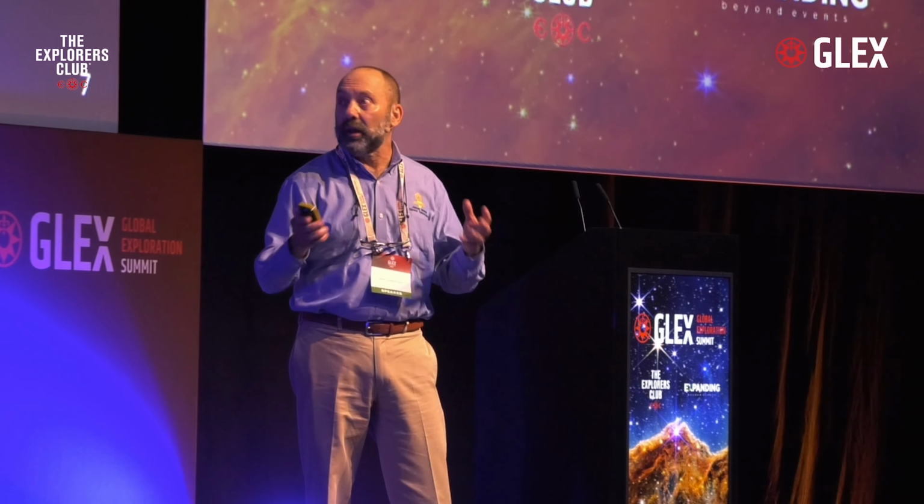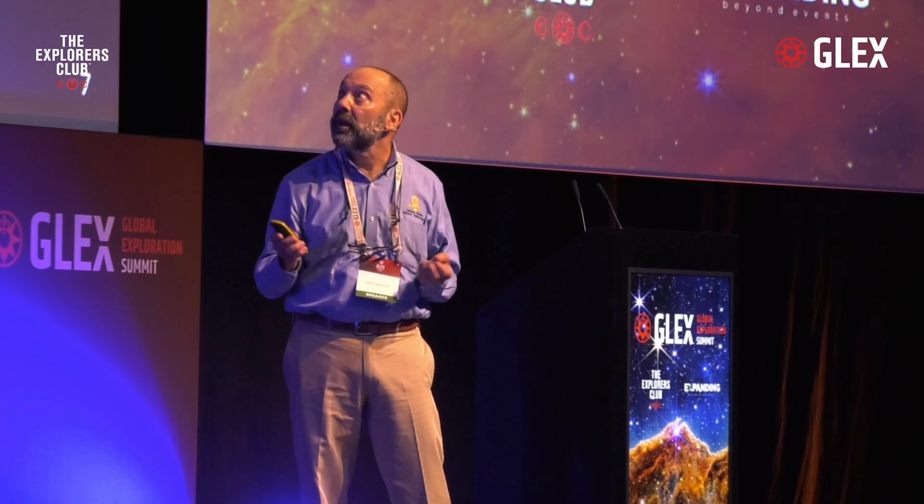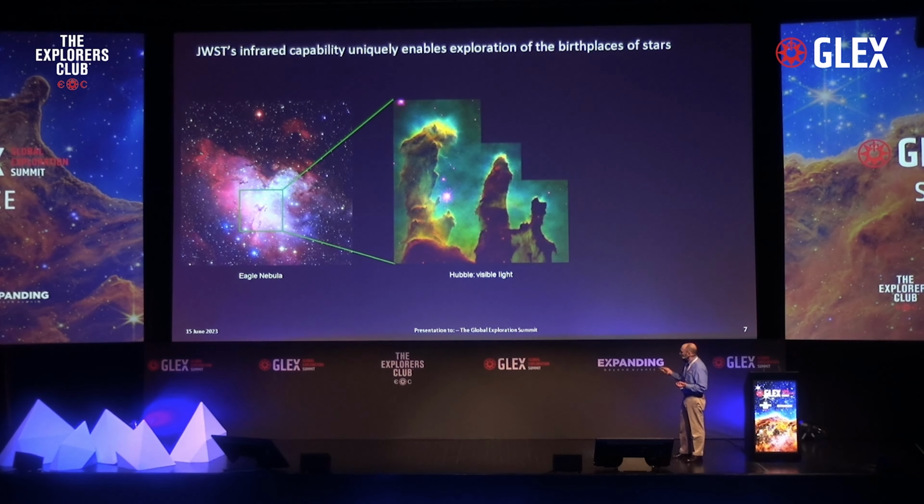It's been called Pillars of Creation. What you see here are filaments of a giant molecular cloud. So this is a big cloud of gas that consists of molecular hydrogen, and it's mixed with lots and lots of dust. And the dust makes the filaments opaque. Now, we'd like to see into those filaments because inside those filaments, stars are being formed.